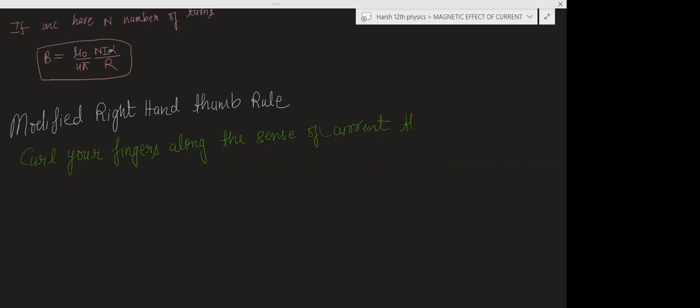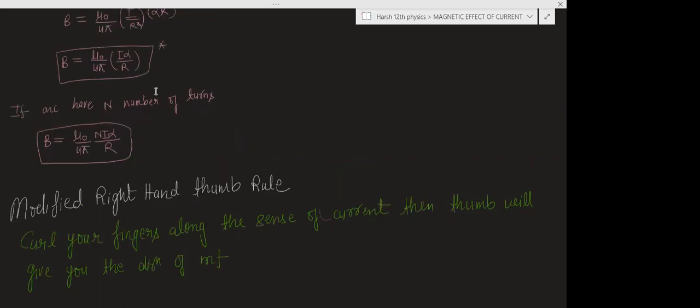Then the thumb will give you the direction of the magnetic field. Now you have the circular arc here.